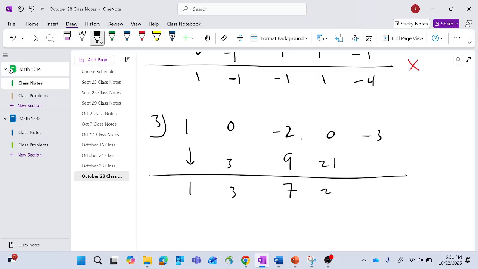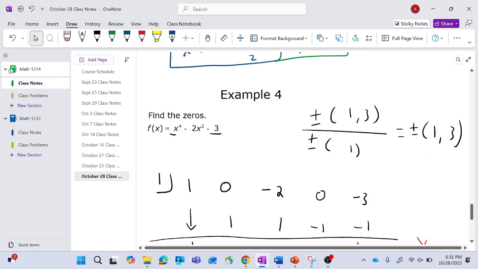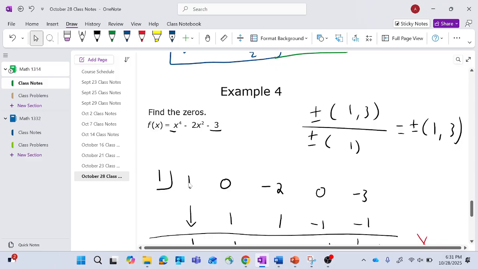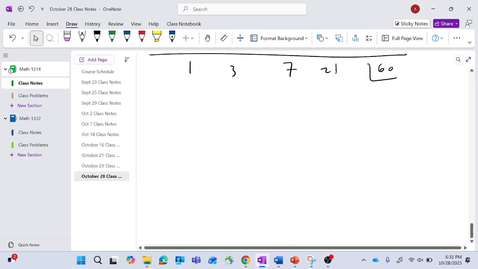That's 21. And we can see that's also not going to work. All right. Am I copying this down wrong? 1, -2, -3. Okay. Now we're going to try -3.